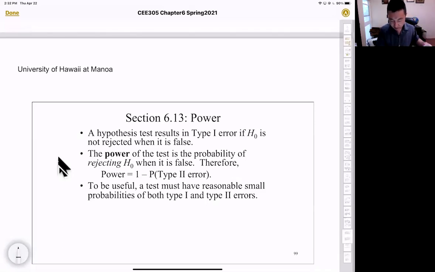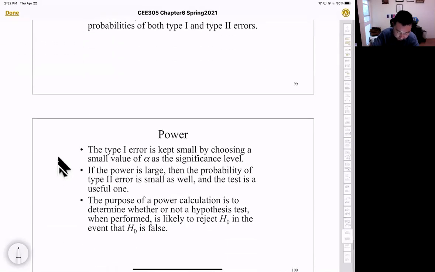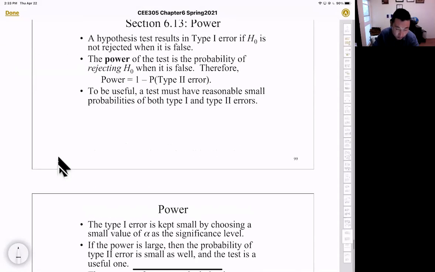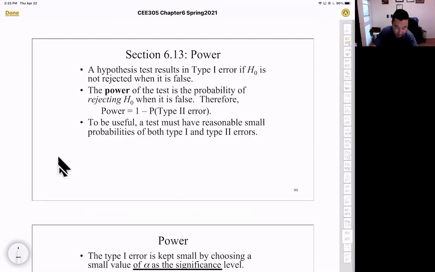Type 1 error is when H1 is not rejected when it is actually false. Type 1 error can be controlled by alpha. The power of the test is defined as the probability of rejecting H0 when it is false.